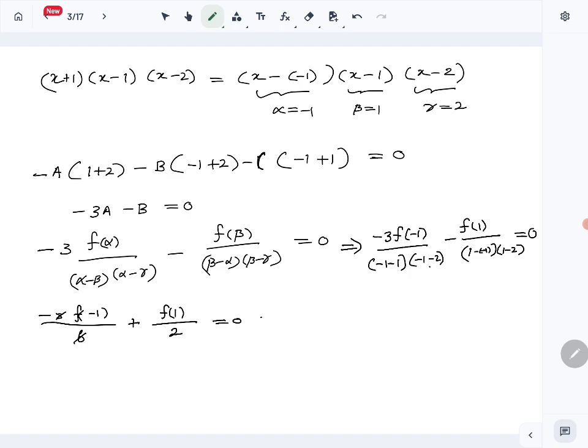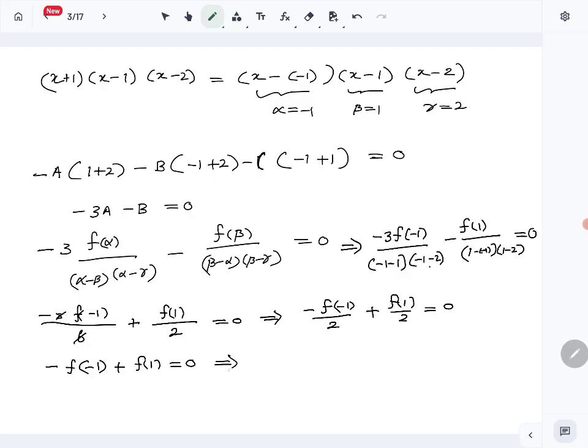Again simplify, so we have minus f of minus 1 over 2 plus f of 1 over 2 equals 0. Or get rid of the 2, so minus f of minus 1 plus f of 1 is equal to 0.